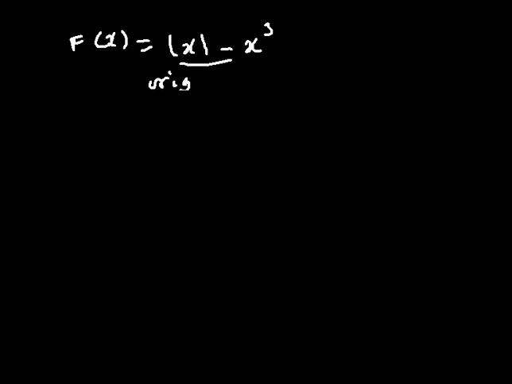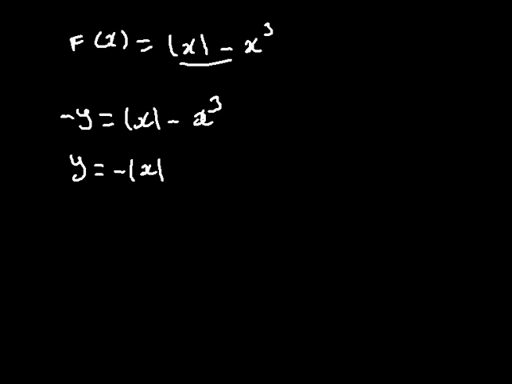And how about the symmetry about, let's say, the x-axis? For this case, about the x-axis, y will be given as negative, we'll have the absolute value of x, and minus x cubed, and then dividing everything by negative 1, we'll have a negative absolute value of x, and a positive x to the power 3.